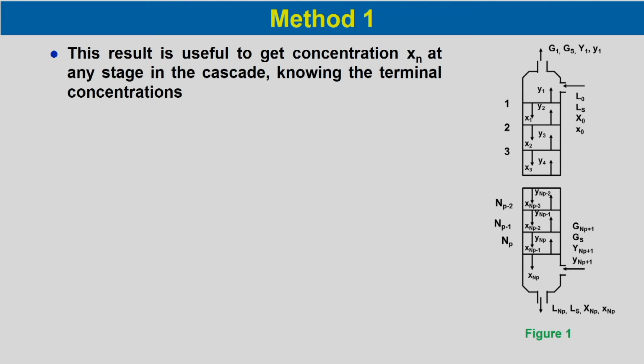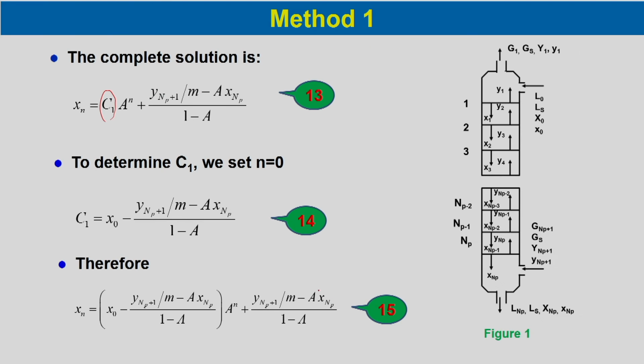Now, this result is useful to get the concentration x n at any stage in the cascade, knowing the terminal concentration. If you know the terminal concentration, that is x n p, which is coming out at the bottom, and y n p plus 1, which is the inlet feed gas composition, and x naught, which is the entering liquid, we can calculate x n, that is the composition at any tray inside the column.